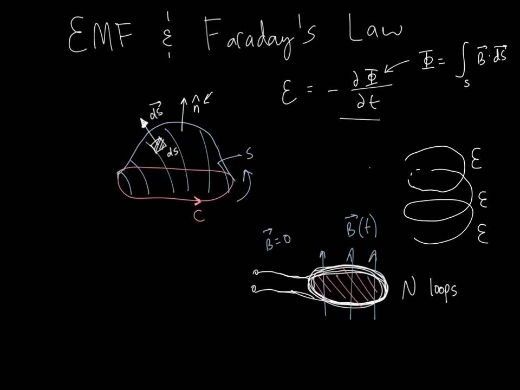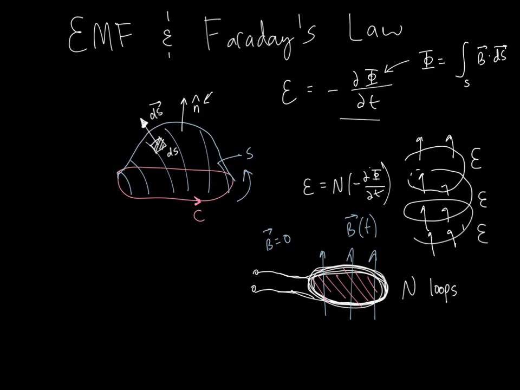So the total EMF that's being generated here by N loops is equal to N times the negative time derivative of the magnetic flux. And this is assuming that the same magnetic flux is flowing through each loop, so we're assuming that there's no variation in the magnetic flux through any given loop in this system.